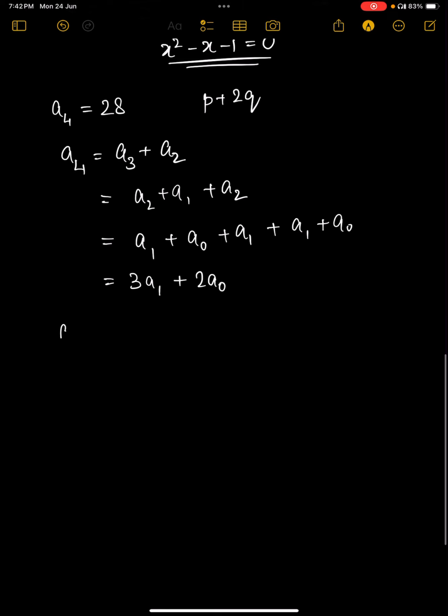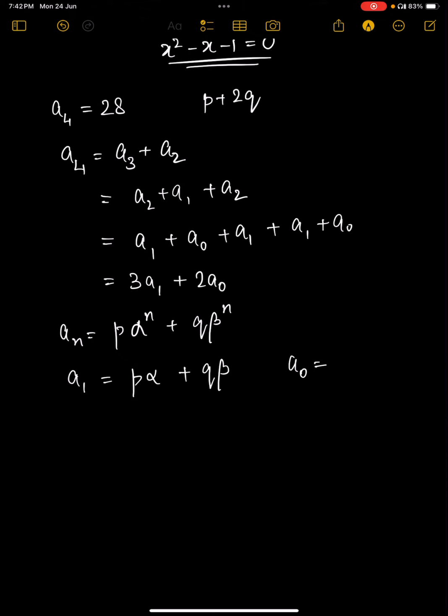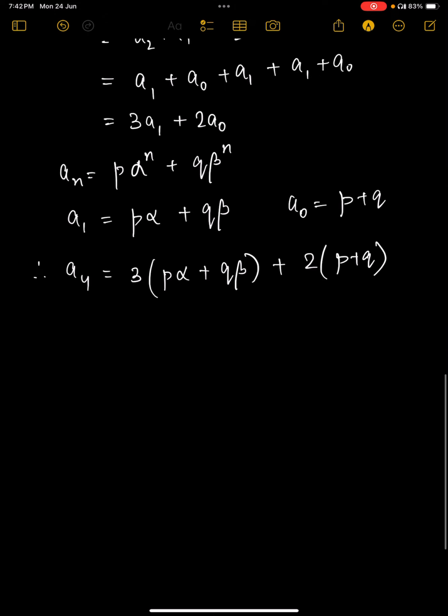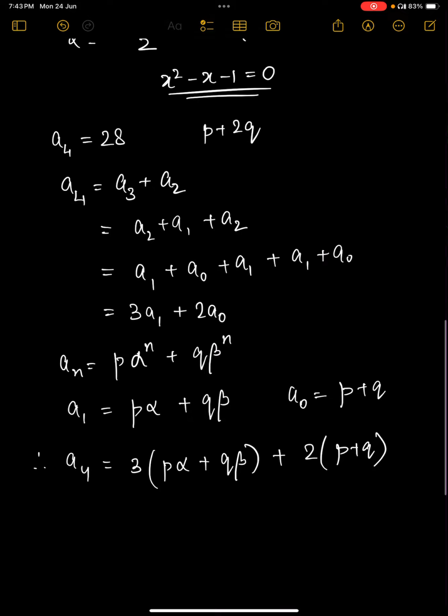Now we were given that a subscript n is equal to p alpha power n plus q into beta power n. So a1 will be equal to p alpha plus q beta and a0 will be p plus q. Now therefore a4 will look something like this: 3 into p alpha plus q beta plus 2 into p plus q. Okay, now we already know what alpha and beta are.